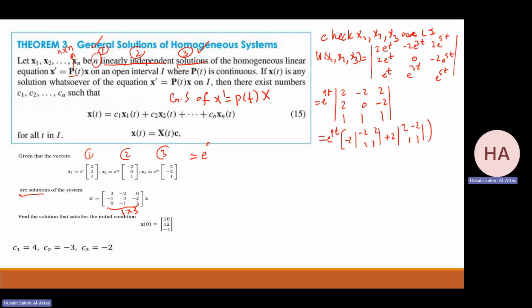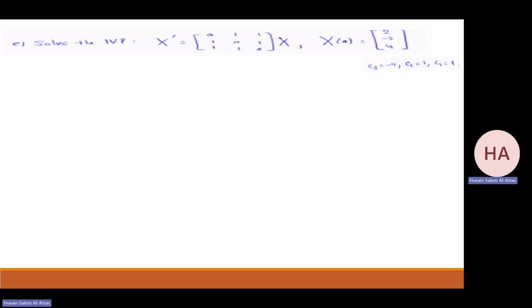That will be e to the power 9t times minus 2, minus 2, that will be minus 4; plus 2 times 2 minus minus 2, that will be 4. That will be 8 plus 8, 16, e to the power 9t, which is not equal to 0. So they are linearly independent.